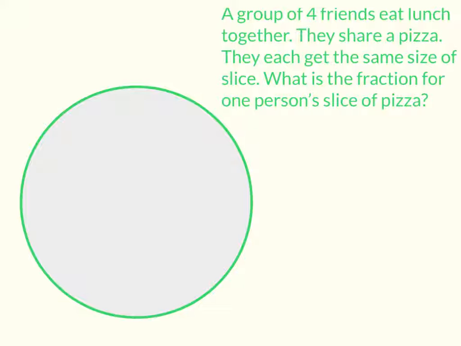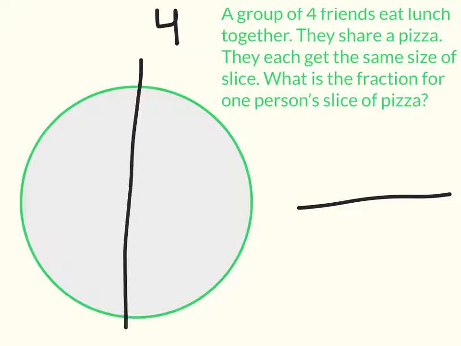For our next problem, a group of 4 friends eat lunch together. They share pizza. They each get the same size of slice. What is the fraction for one person's slice of pizza? We know we're going to make a fraction out of it. We have 4 friends, so we need 4 pieces.